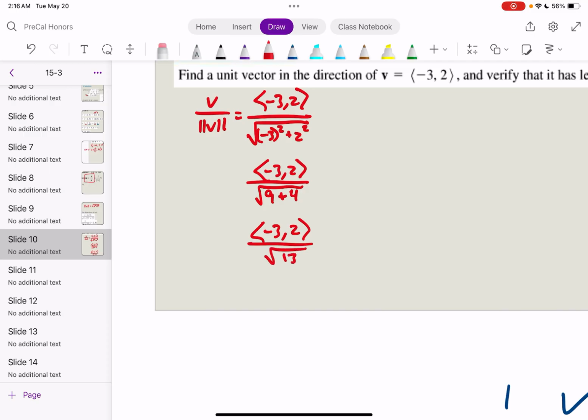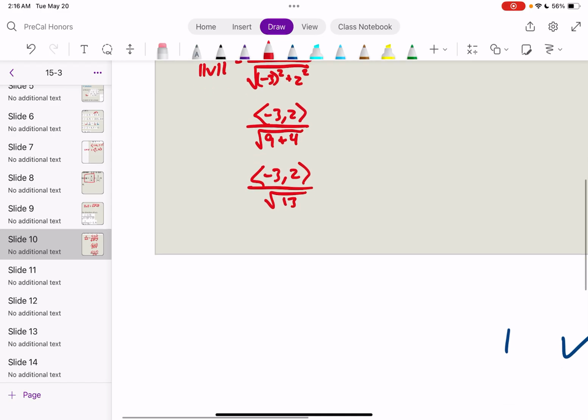Now we are going to divide each one of our numbers by that square root of 13. So we have a negative 3 over the square root of 13, comma, 2 over the square root of 13. And that would give us our vector. We do have to verify that it has a length of 1. So we're going to go ahead and re-plug it in to the denominator that we have.